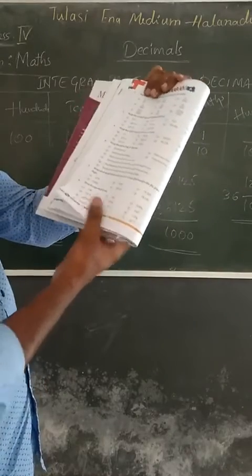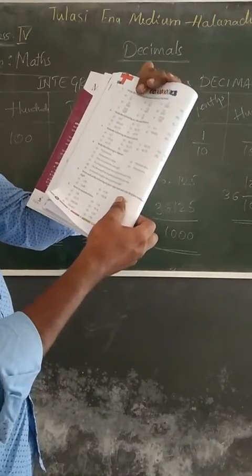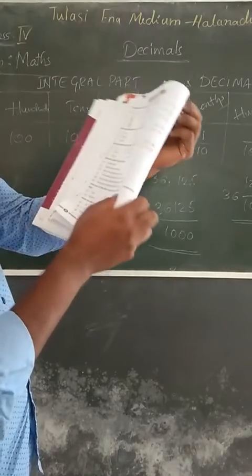Write each of the following in a place value chart and write the place value of each digit.